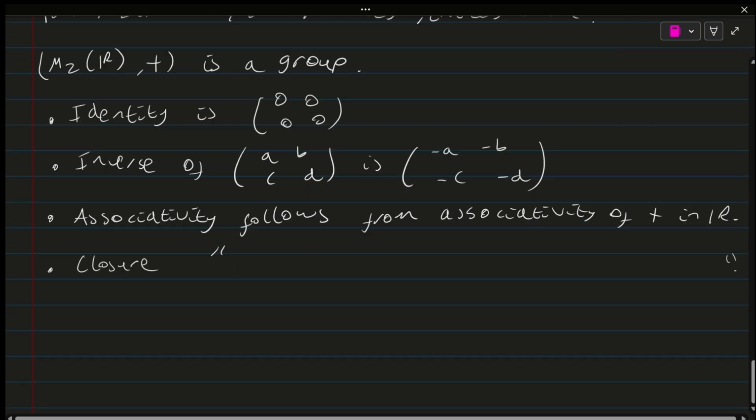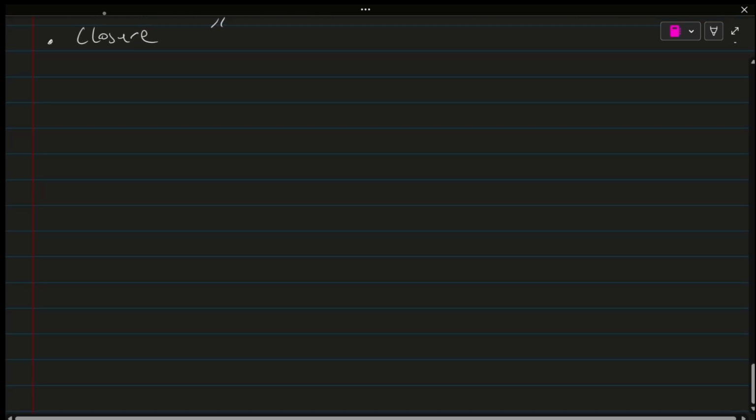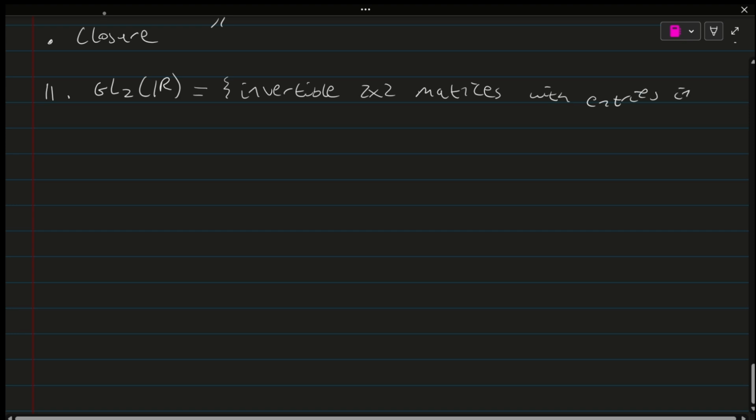Okay, and our final example is going to be this group here, GL2R, which you probably haven't met before. It's the set of invertible 2x2 matrices with entries in R, which is the same as the set of 2x2 matrices with entries in R and non-zero determinant.